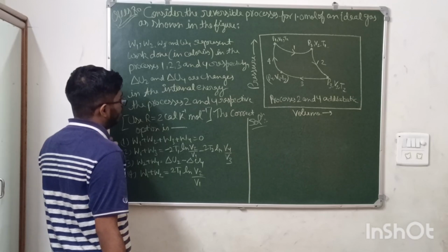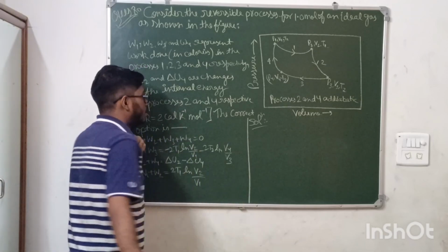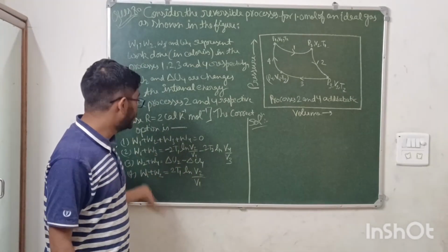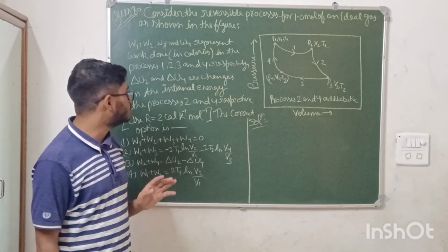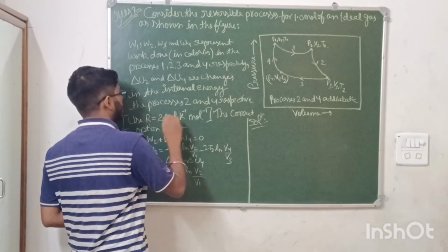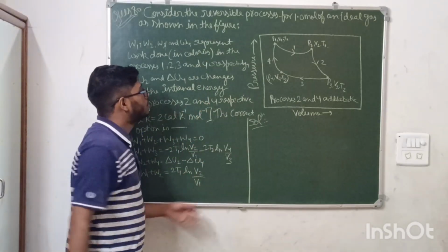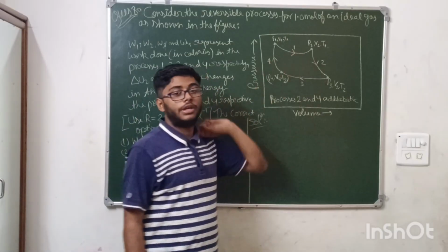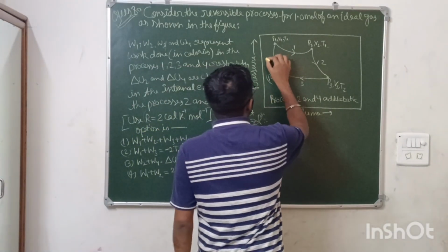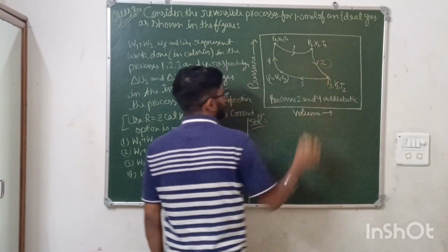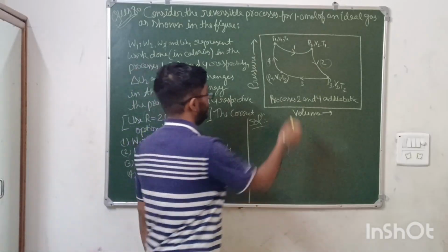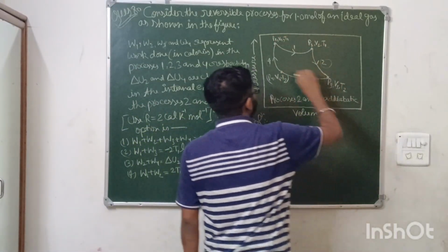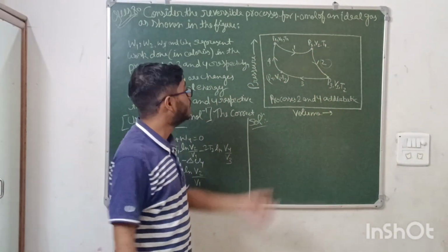You need to tell which is the best option for the relation of all the work done and internal energy, taking the universal gas constant as 2. So first of all, see the graph. Here you can see that they are saying process 2 and 4 are adiabatic processes. What about process number 1 and 3?